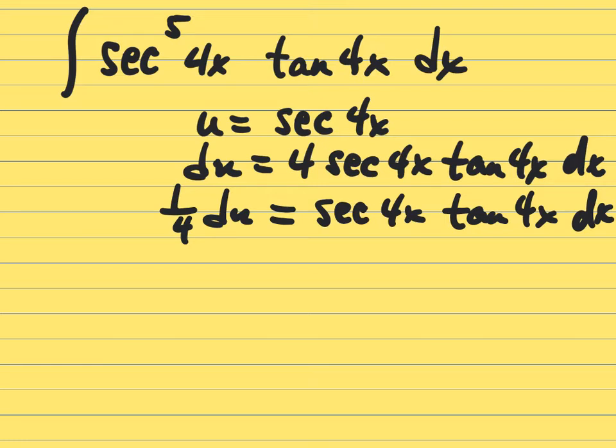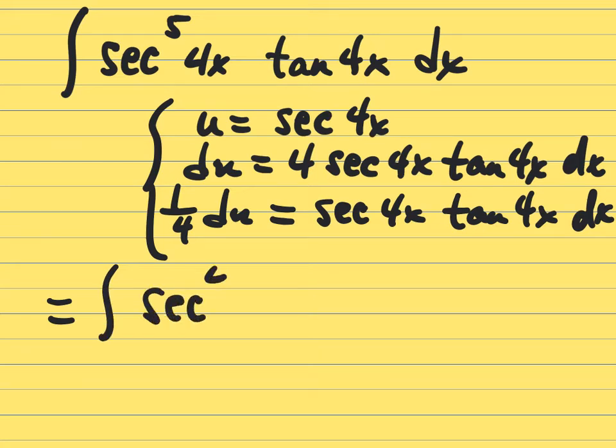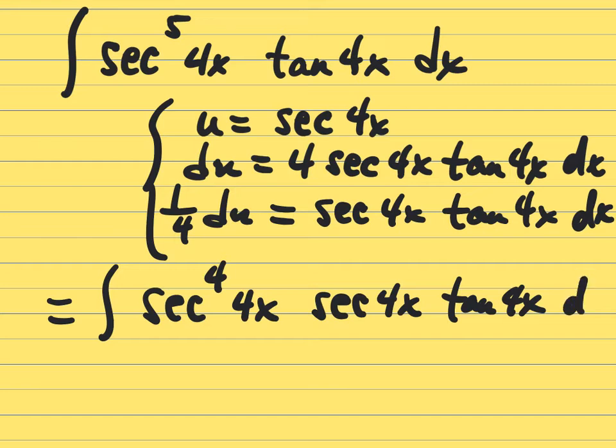Before I do any substitutions, I'm going to break that secant term up, specifically into 4 and 1. See how that kind of mimics the derivative of our substitute line?